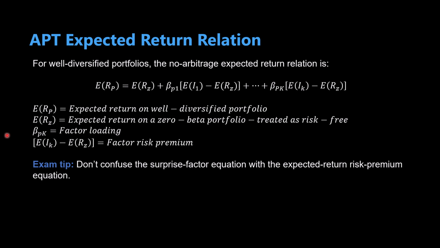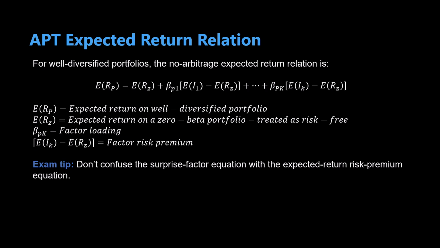E(RP) is the expected return of a well-diversified portfolio. E(RZ) is the expected return of the zero-beta portfolio, interpreted here as analogous to the risk-free rate. Beta PK here is the portfolio loading on factor K, and E(IK) minus E(RZ) is the risk premium associated with factor K. The intuition is simple.